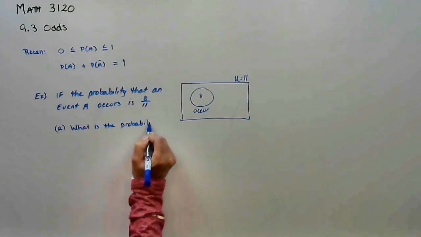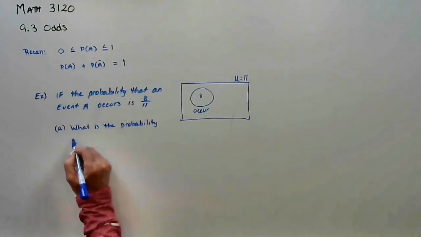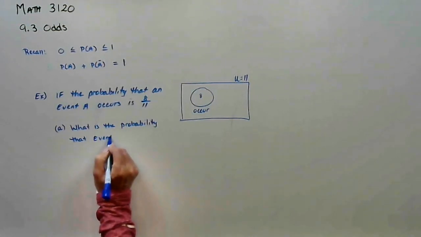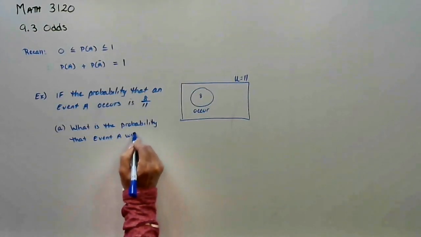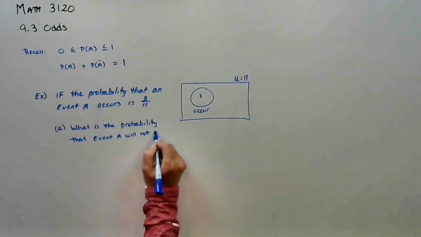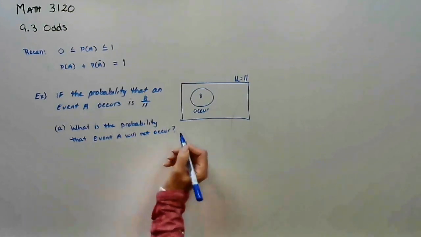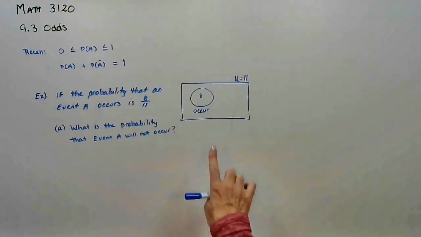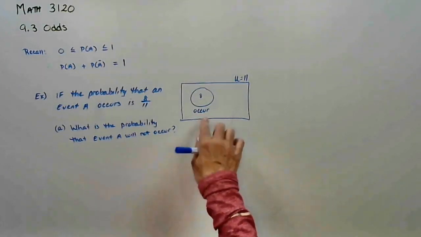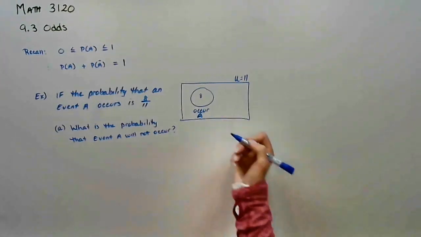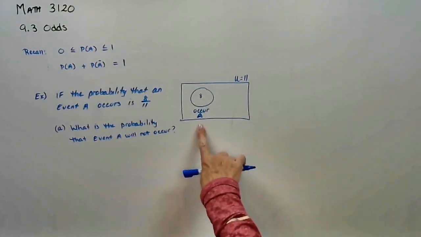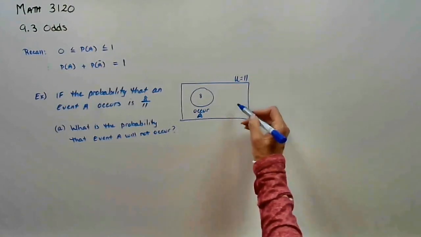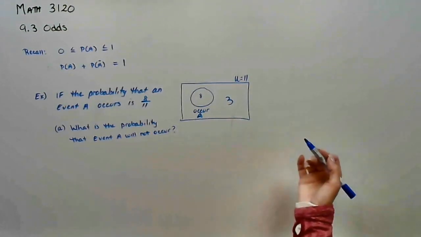And you may have already figured it out, but I'm going to write it down anyway. Well, so here's my event A. So I should have actually called that set A, event A. So if 8 of them occur, well, if we have a total of 11, that must mean we have 3 items that are not in A. So they're outside that set.